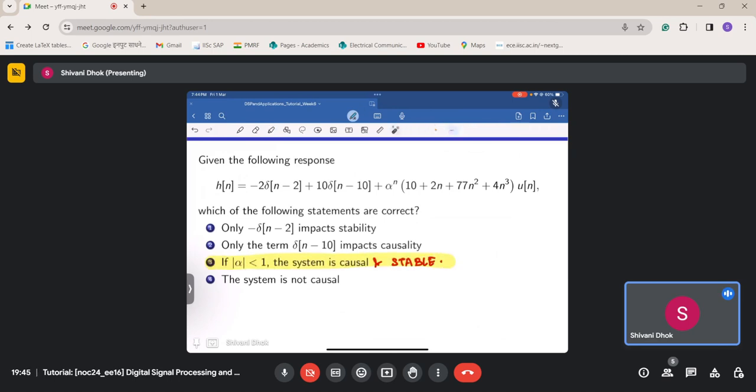And just now we argued that due to this u of n and these two terms at n equal to 2 and n equal to 10, which are constant terms, the statement that this system is not causal is wrong. This system is perfectly causal. Any questions? So the answer to this question is option 3.